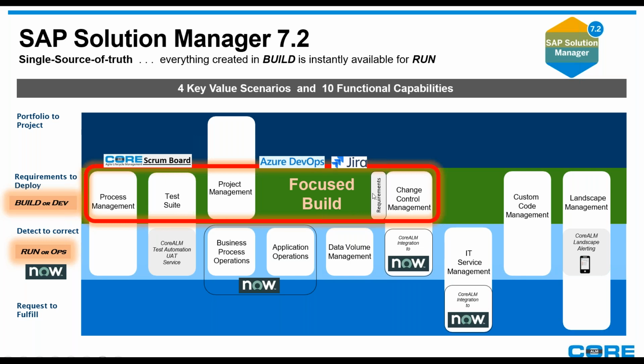So if you use Solution Manager to create your software, that information can easily be transferred right away and 100% to the run side. Going forward, we also have connectors for Charm for both Jira and Azure DevOps.